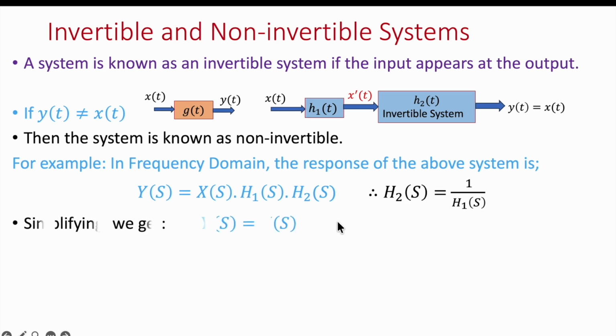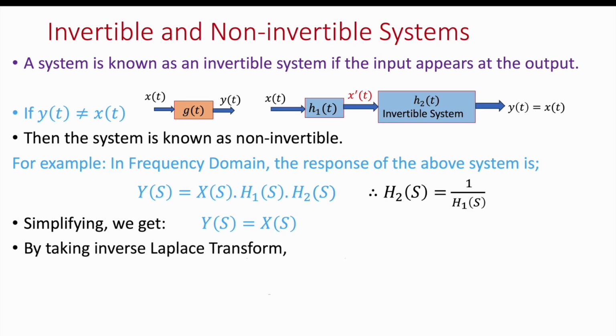If you insert that in this equation, H1(s) cancels with H1(s), and the remaining is Y(s) = X(s). If you take the inverse Laplace transform of this equation, you will see that y(t) = x(t). So the input appears at the output, which means this system is an invertible system.